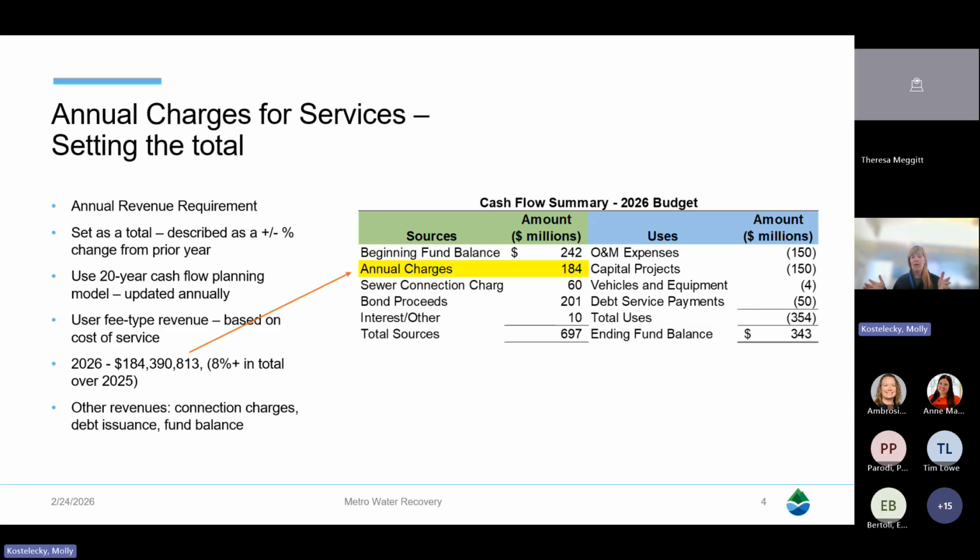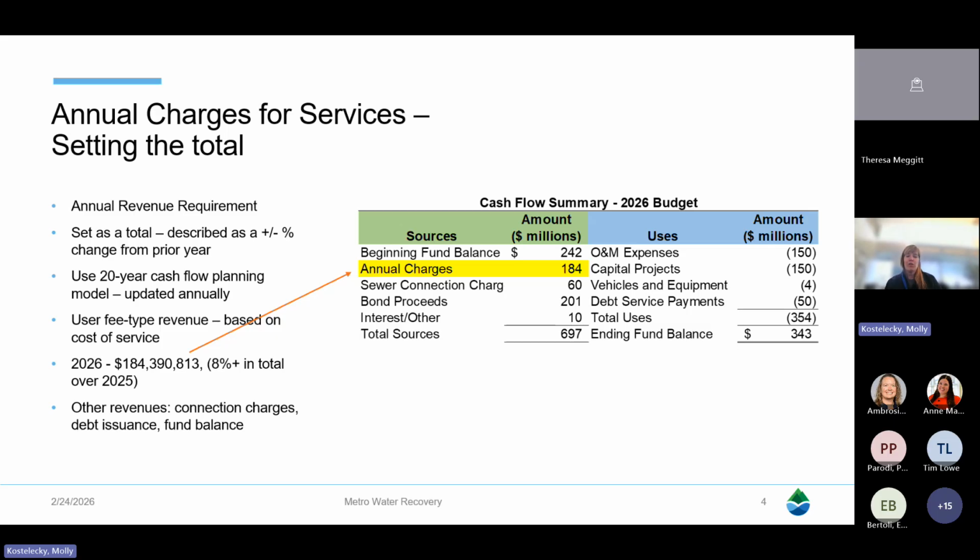Right now we're working on 2027, but we're also taking a look into the future 20 years. So we have a 20-year cash flow model, which identifies, if we set an annual charge amount in 2026, what happens over that 20-year period, what's happening with our expenses during that time, what our revenue requirements are, do we need to issue more debt, and those sorts of things. So we are looking at this all encompassing over a 20-year period.